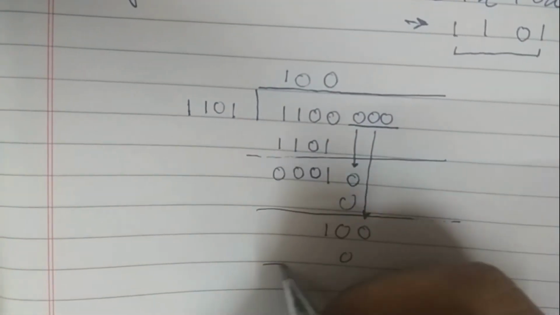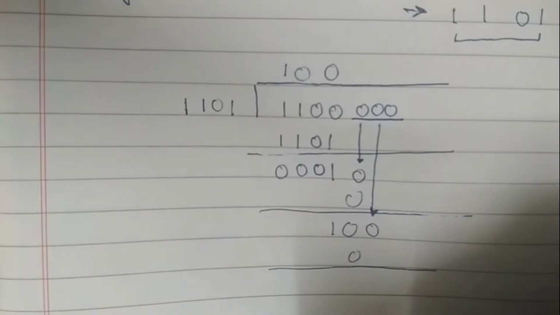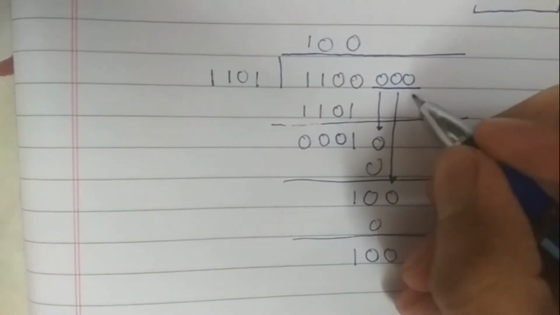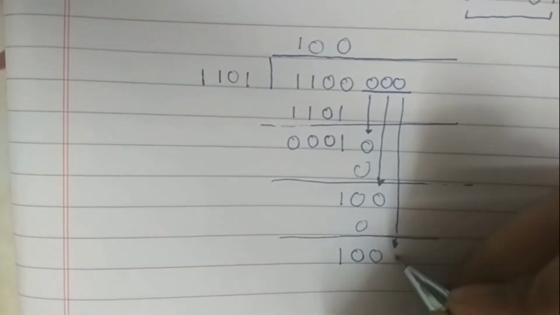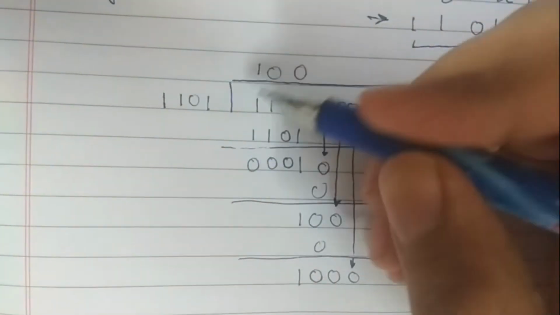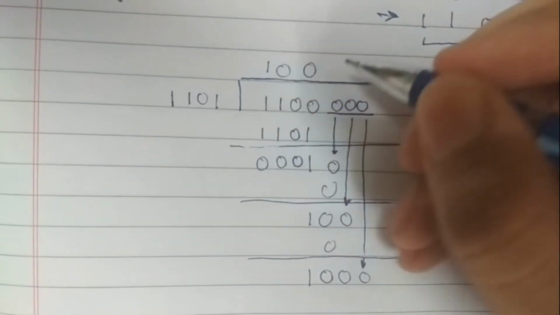Still can't divide it, so again taking 0, going a bit down, 1, 0, 0, and taking this 0 here. Now it's 4 digits, and this is also 4 digits. We'll see in the code why this is important.